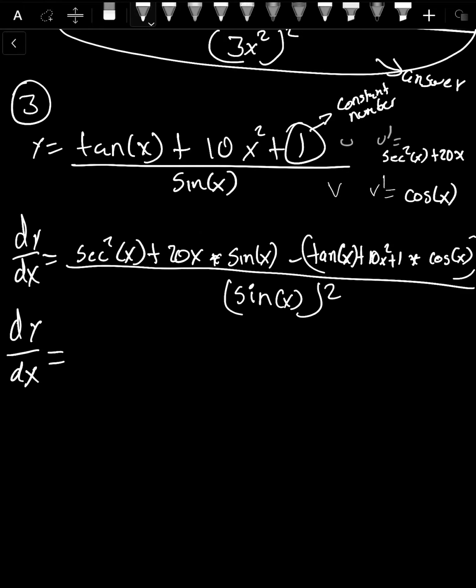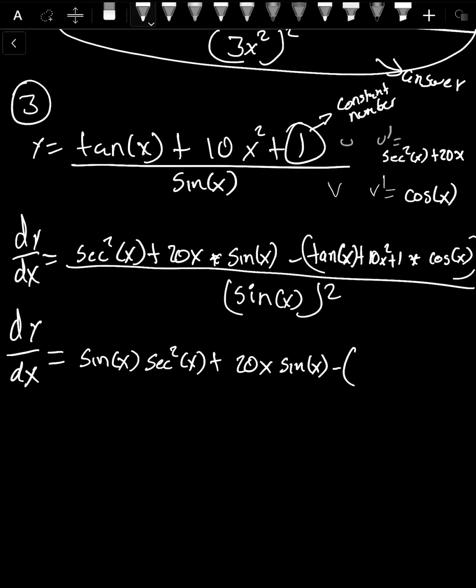Let's simplify things. dy over dx is equal to, let's take care of this term first. Let's multiply sine of x times secant squared x, which is going to be sine of x secant squared of x, and then let's multiply the second one, which is sine of x times 20x, which is going to be equal to 20x sine of x.